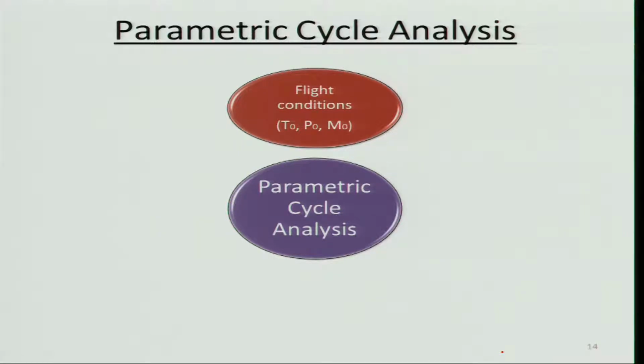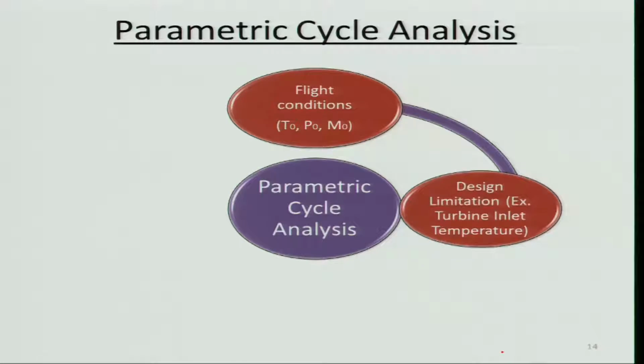When I talk about altitude, it is basically the temperature and pressure at a particular altitude which will be varying. Also the flight velocity: how it varies and how it affects the thrust and other performance parameters, we will look at that. Then we will look at the design limitations.